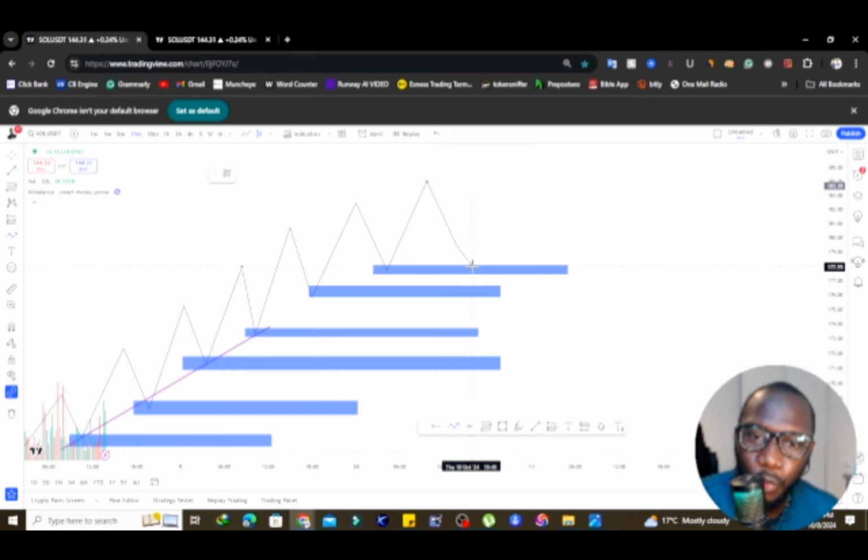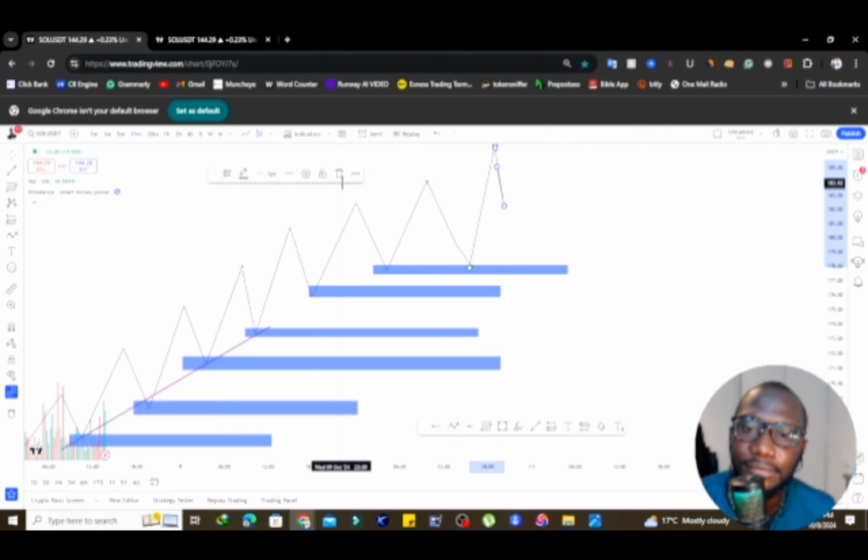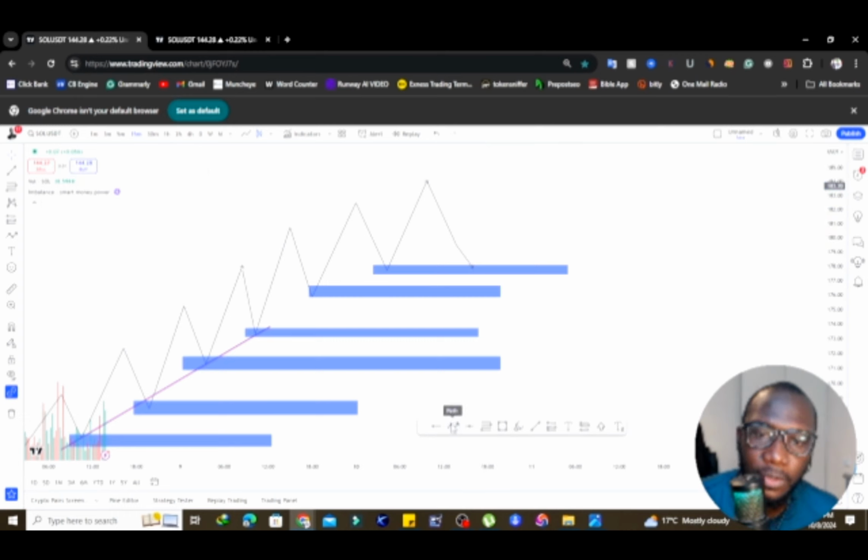The answer is yes, because as far as the market is still in this zone, we cannot make any decision but to still assume it is in an uptrend. The market can come to this zone and still go back up and create a higher high, or it can even come to this place and start ranging.